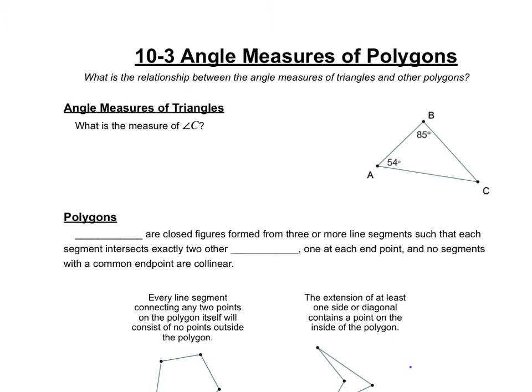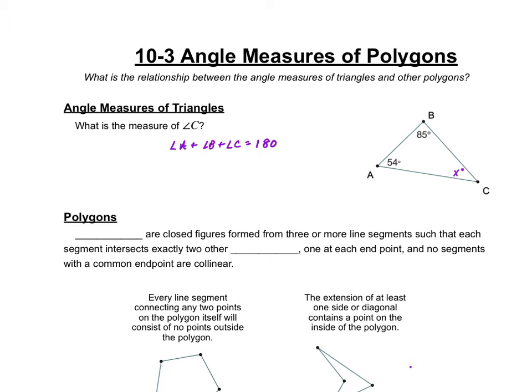In this angle measures of a triangle problem, we ask what is the measure of angle C? We know that angle A plus angle B plus angle C is going to equal 180 degrees.